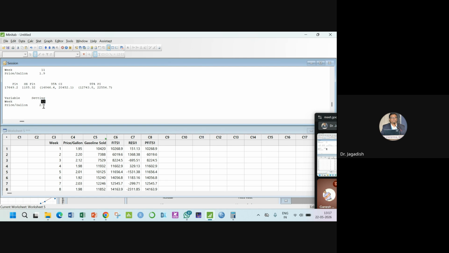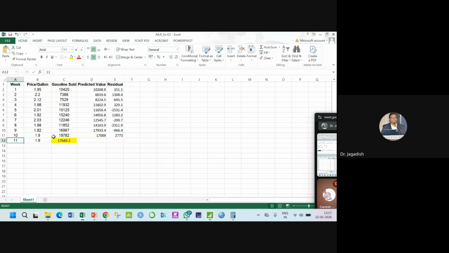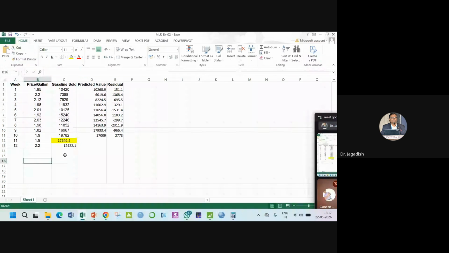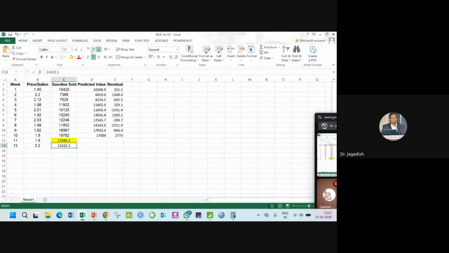If it is the 12th week with 2.2, what is the amount? This is the total liters of liquid that will be sold in that week. I'm keeping a 2.2 price for the 12th week. Now you see, when I keep 1.9 as the price, the quantity of gasoline sold is more.